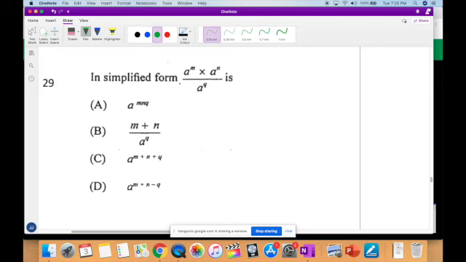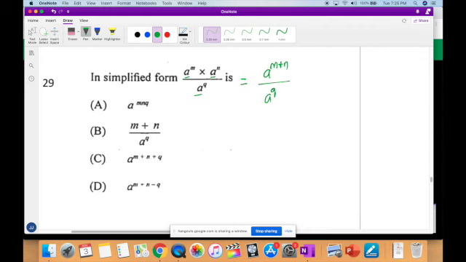So, anyways, we have here a simple laws of indices question. You know that the bases are all the same. So once the bases are the same, we can do the laws of indices. So a to the m times a to the n is a to the m plus n, add the indices, and that's being divided by a to the q.